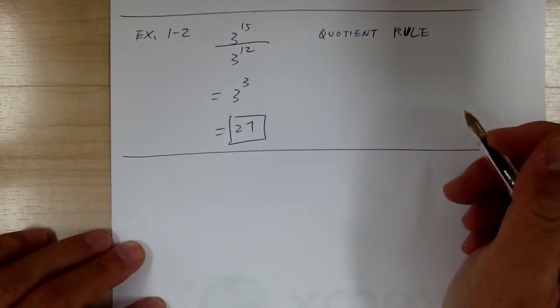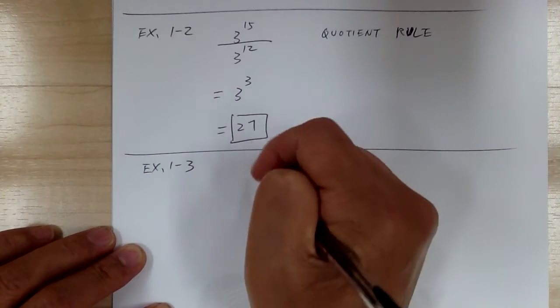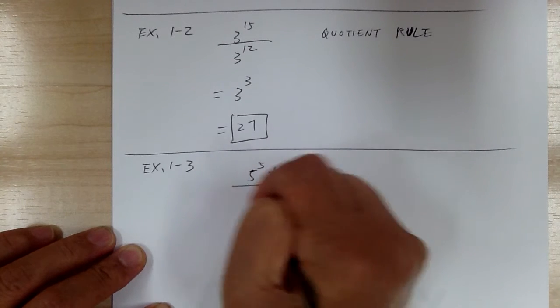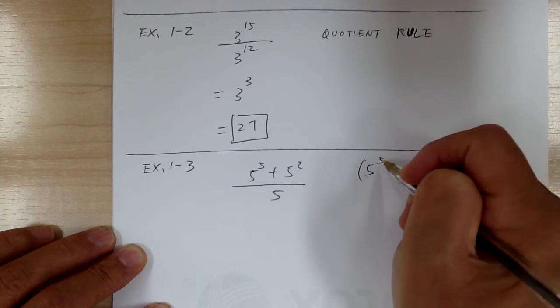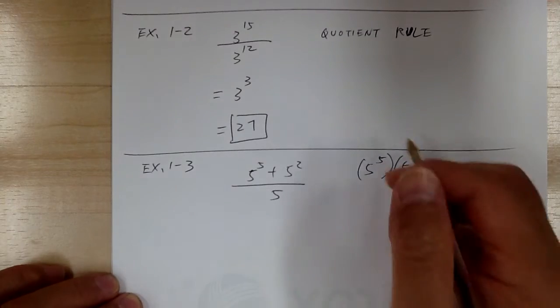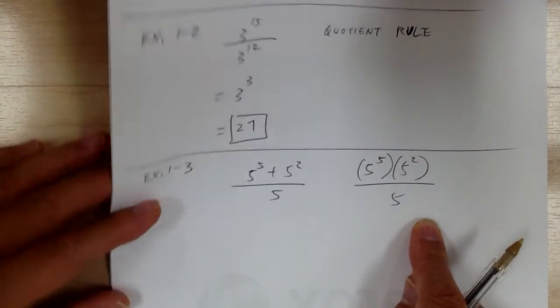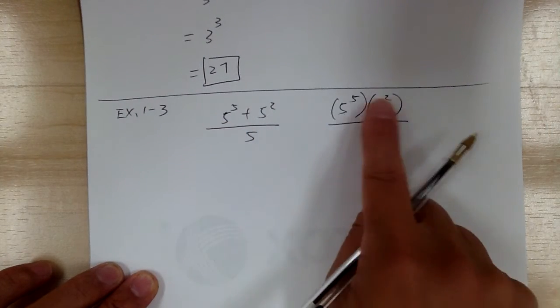Now let's go to example 1-3. What's the difference between 5 to the 5 plus 5 squared over 5, and 5 to the 5 times 5 to the 2 divided by 5? Well, you have to be careful. This one has 2 terms. This has only 1 term.